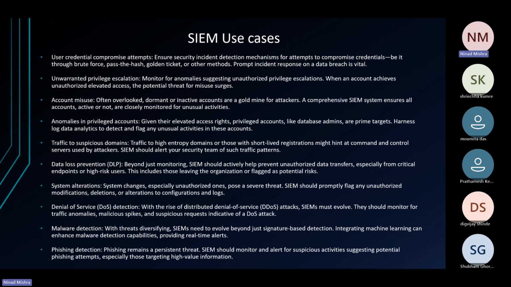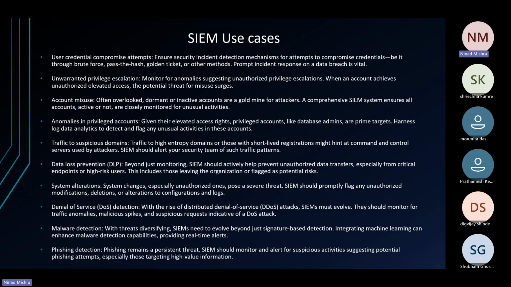This is where the SIEM comes into the picture and sees that a user is having a lot of brute force or login failure attempts, and that a lot of activities are getting done, and then it will alert the customer or the owner.